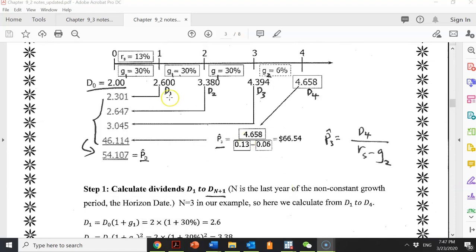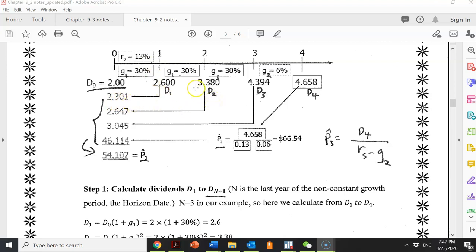You can also calculate these discounted values manually. If we use D1, 2.6 divided by 1 plus R, 13%, we have 2.301.